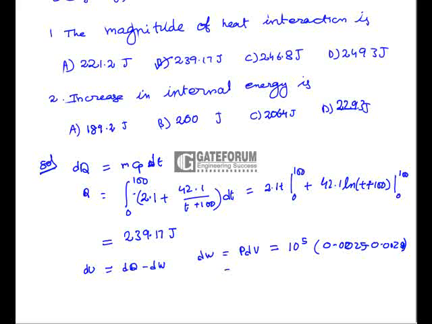From this equation we have 50 joules. So the change in internal energy is equal to 239.17 minus 50, which gives a value of 189.17. So it is equal to 189.2 in the option. The right option is A.